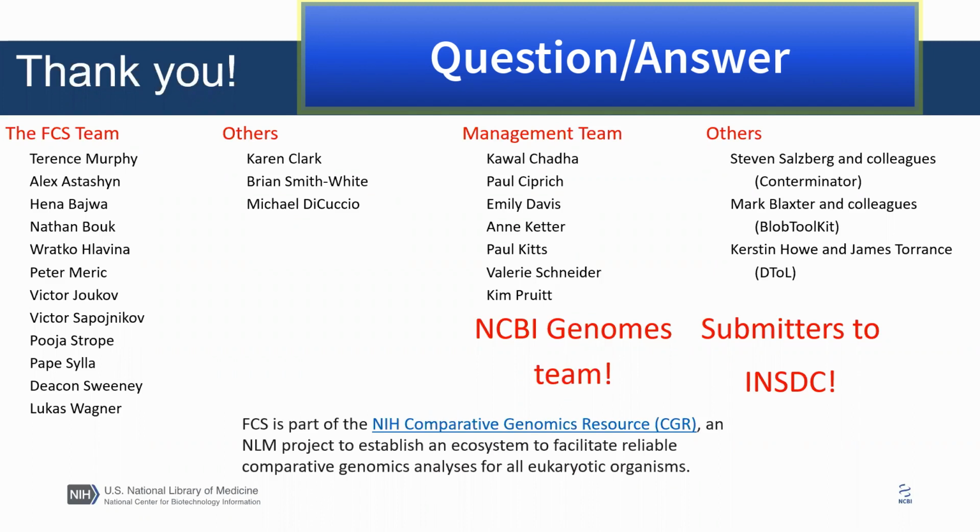So if you're trying to run something locally and you don't have sudo permissions on your compute environment, you usually can't run Docker. And so Singularity provides the advantage there, but I think Deacon should jump on and clarify any additional points of comparison. Not at all, Eric. I think that really summarizes it.